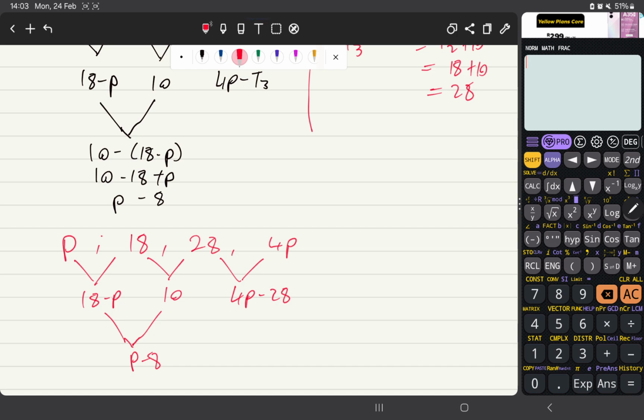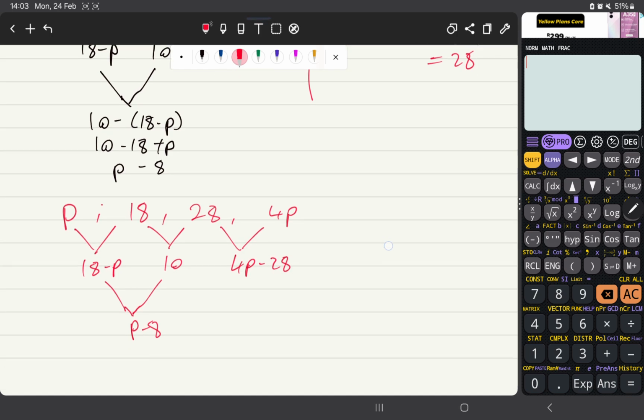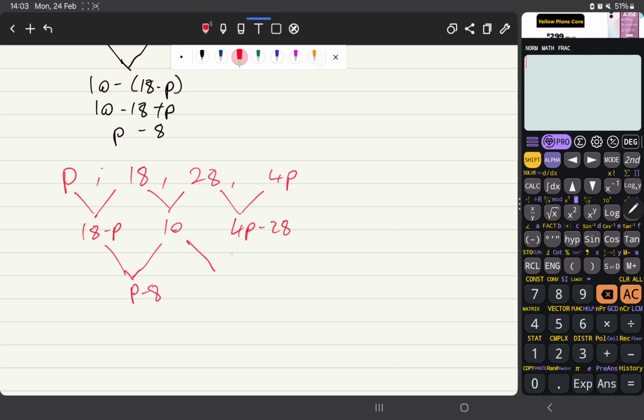Here let me work it out: 4P minus 28 minus 10, that's gonna be 4P minus 38. So here I'm gonna have 4P minus 38, right? And remember, this right here, that's my second difference.